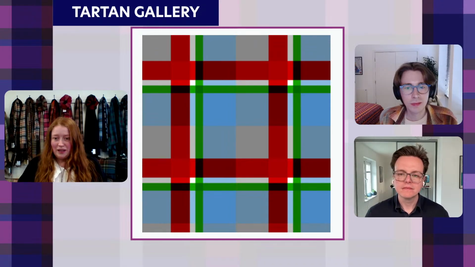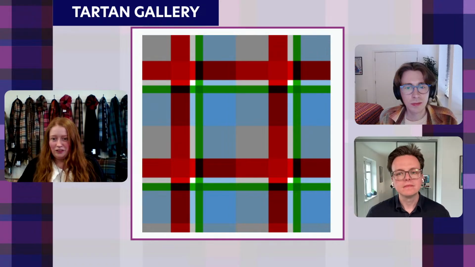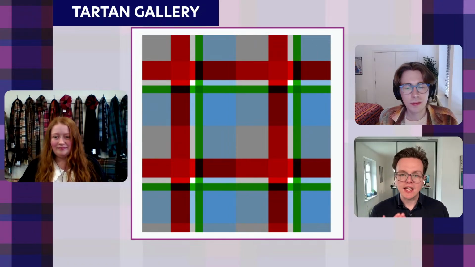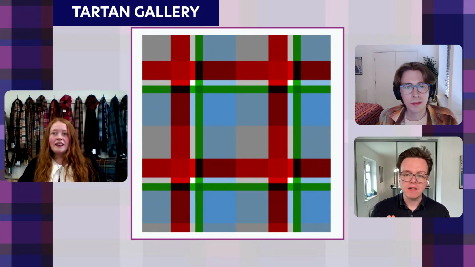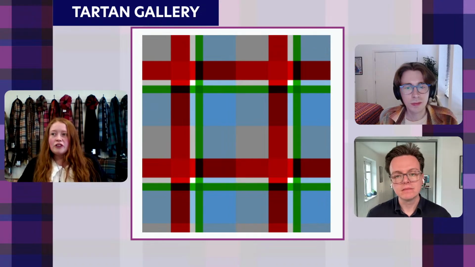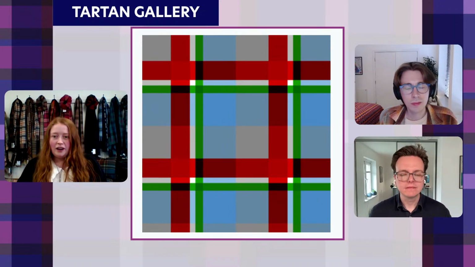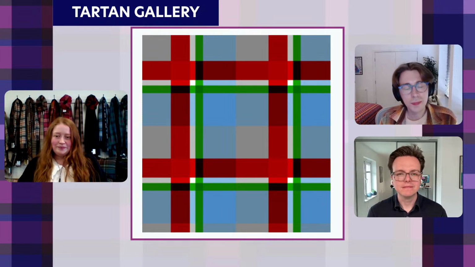We do have some asymmetric tartans, but they're not as common as the symmetrical. So is that less traditional in its design then? Well, there are some clan tartans that are asymmetrical, but the symmetric is more traditional and it makes it easier to create a kilt out of that design.